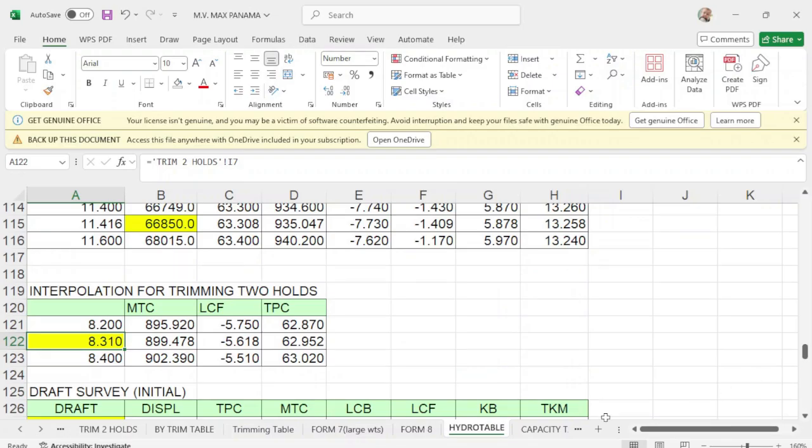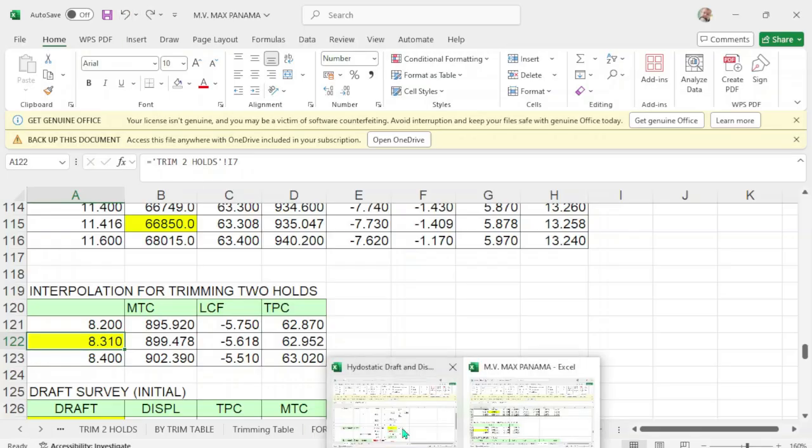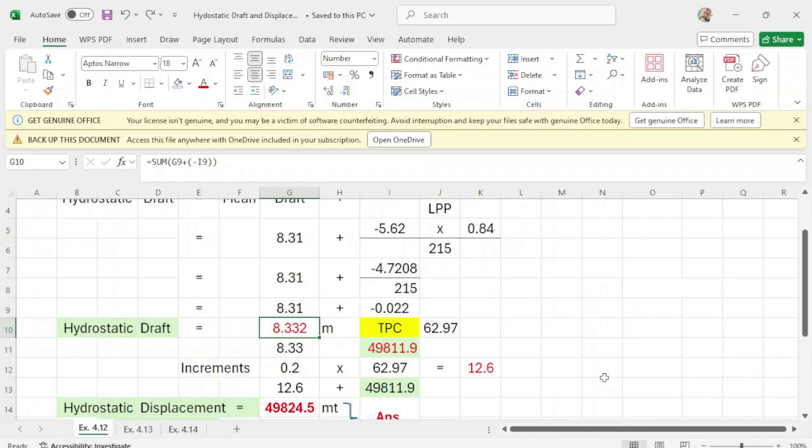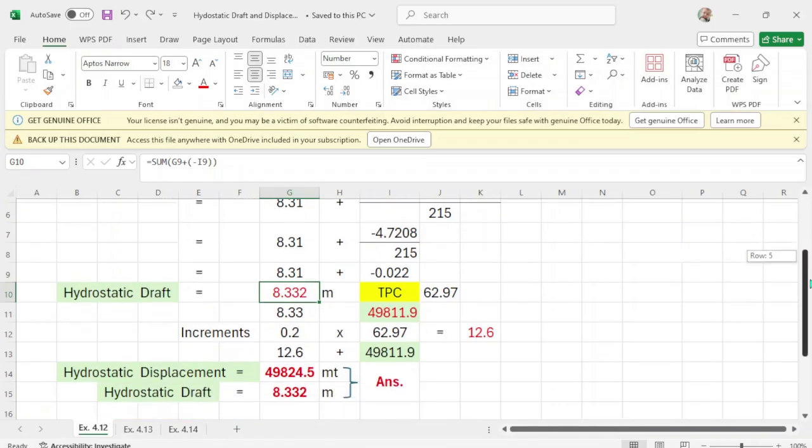Okay, this one, you put here, take note of TPC, 8.332, enter, 62.97. Okay, that will be 62.97.